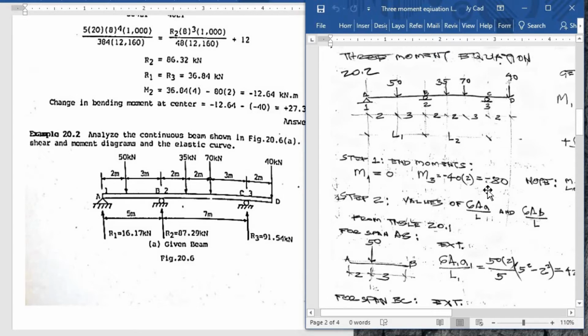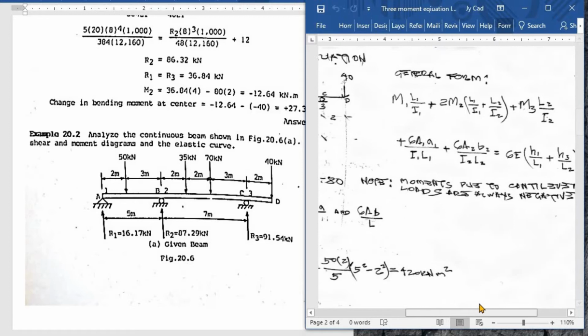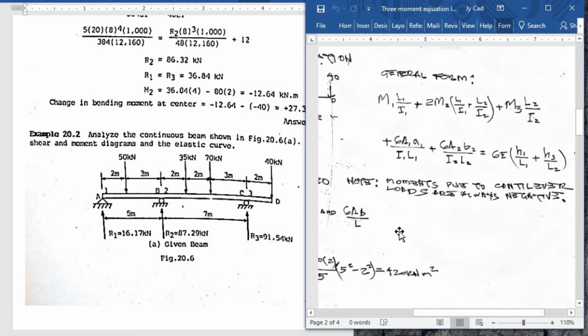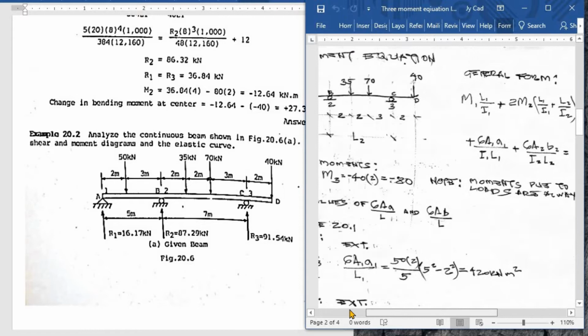Okay, so negative 80. Tapos, yung M1, since this is simply supported, ano siya? 0. Okay? And then, meron tayong note dito. Moments due to cantilever loads are always negative. Okay? So, that is yung load pababa.